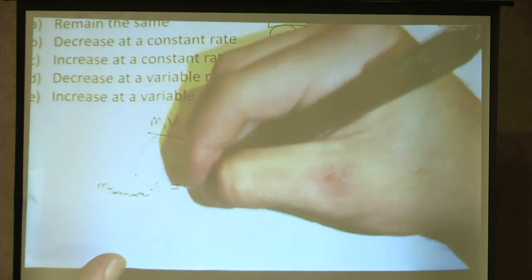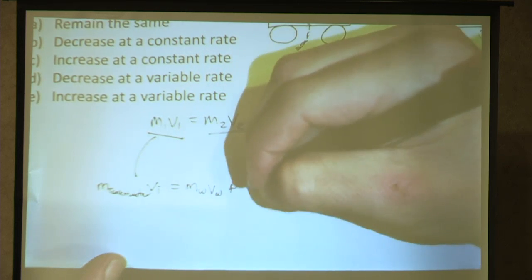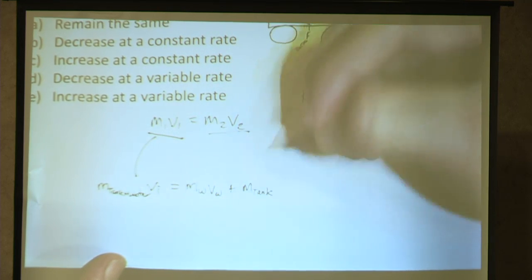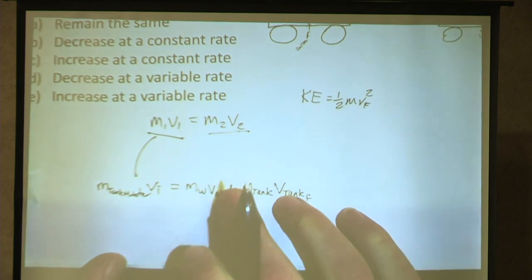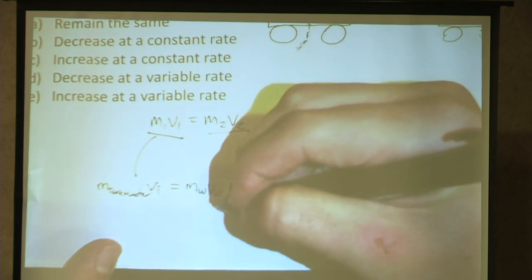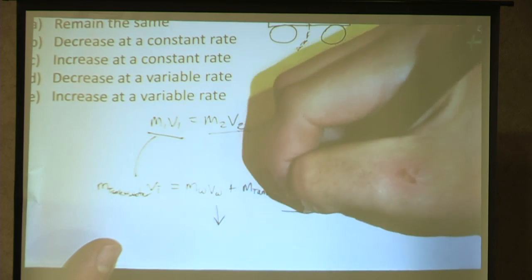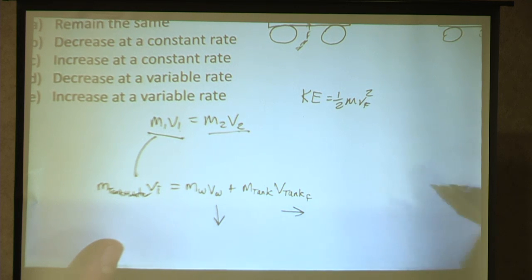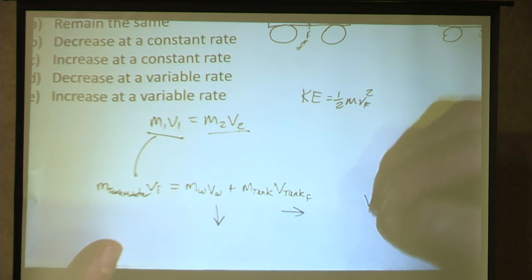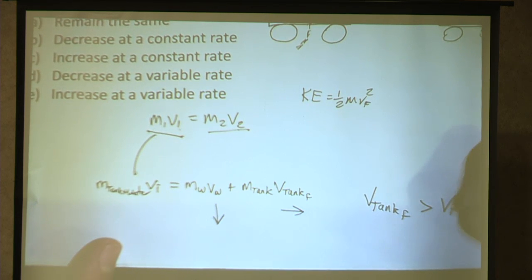That's going to equal the mass of the water times the velocity of the water plus the mass of the tank times the velocity of the tank by itself. So if this is going downward and the tank is still going forward, then it still holds that the velocity of the tank at the end will be greater than that in the beginning.